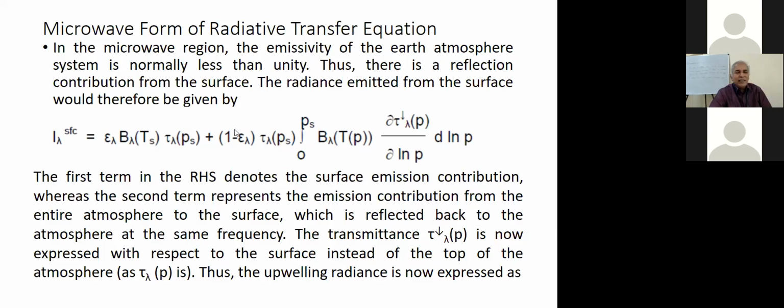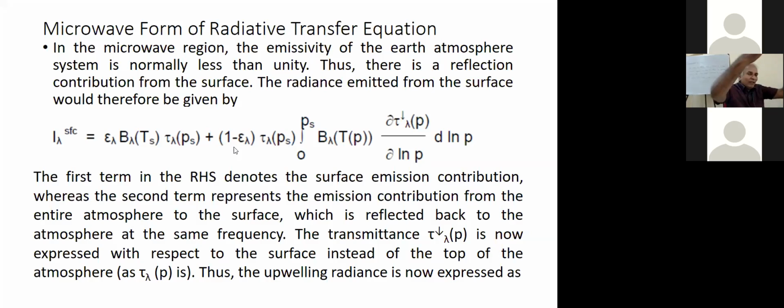1 minus epsilon is what? Epsilon is basically the emissivity, which is the absorptivity. So 1 minus absorptivity is the reflectivity. So this is the radiation coming from the atmosphere in the microwave part towards the Earth surface, and what is transmitted and reaches the Earth surface if you multiply by tau, and the whole thing if I multiply by the reflectivity, that tells me that part of radiation.